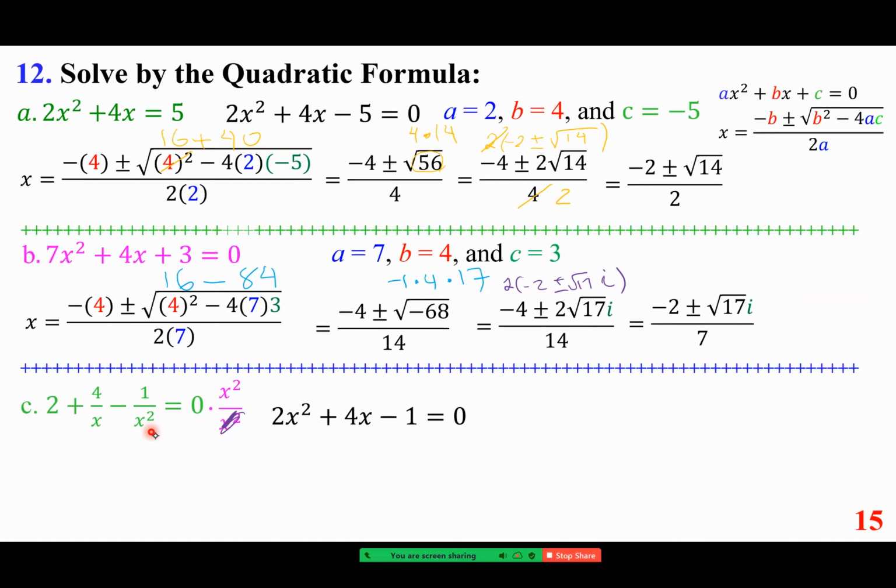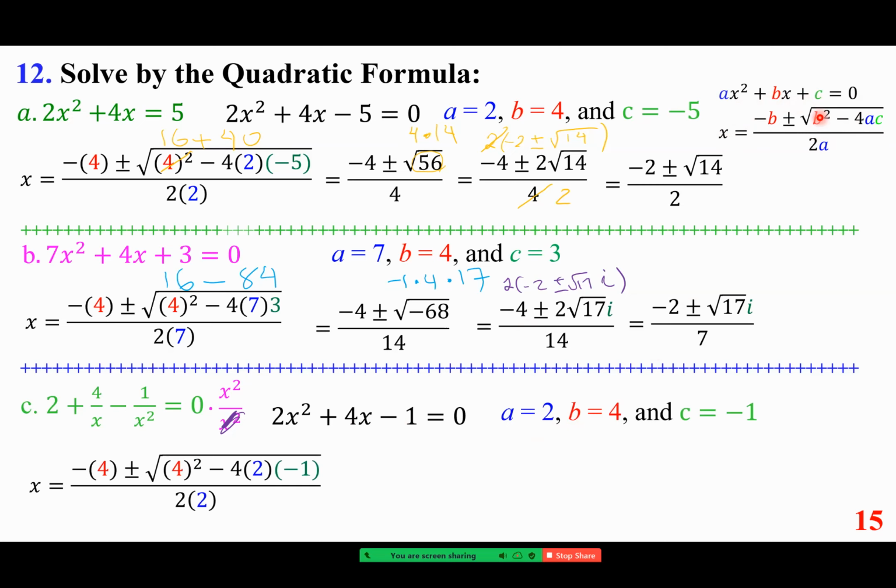And A is 2, B is 4, C is negative 1. We're going to put that again into the quadratic formula. We're going to plug in. Four squared is 16.